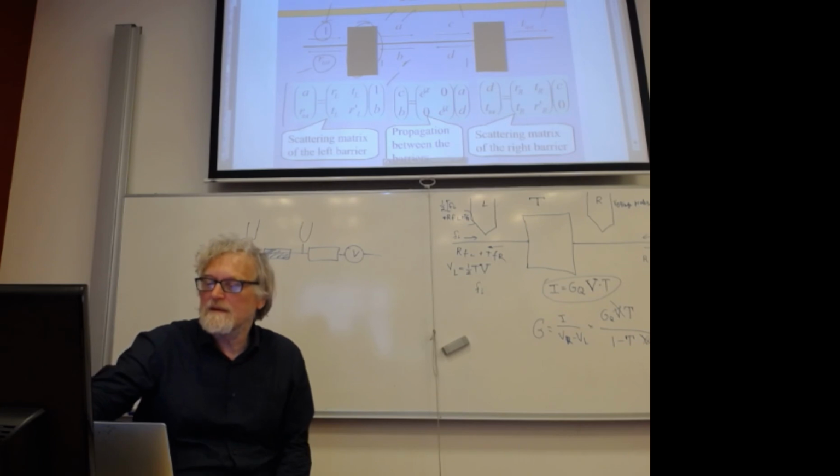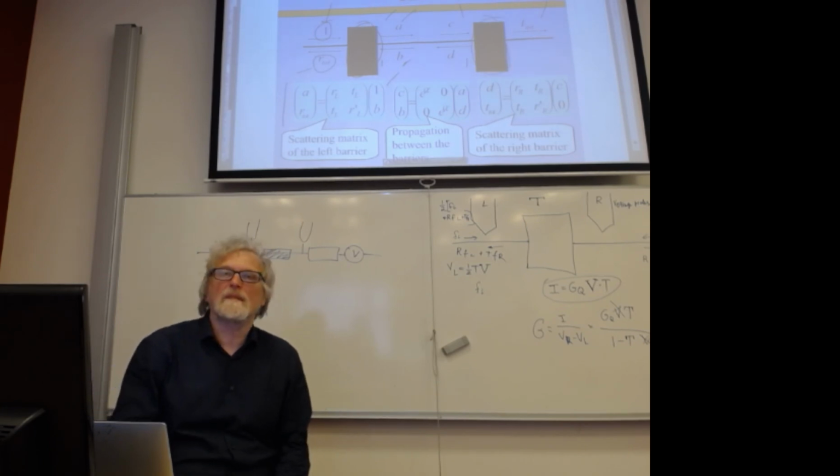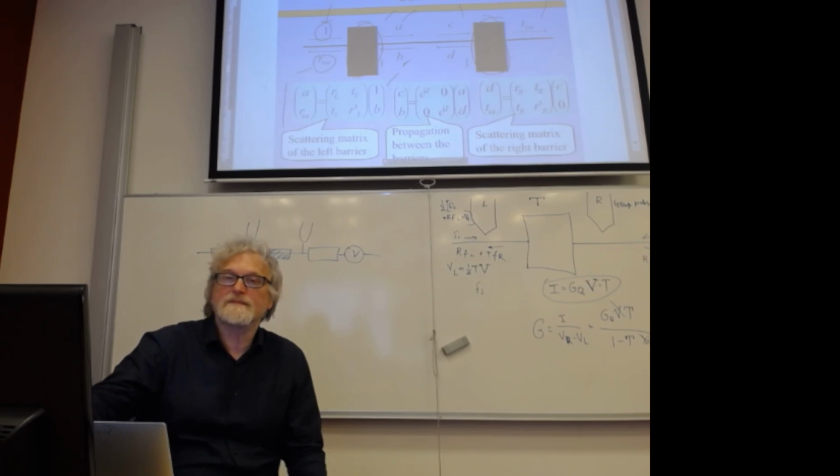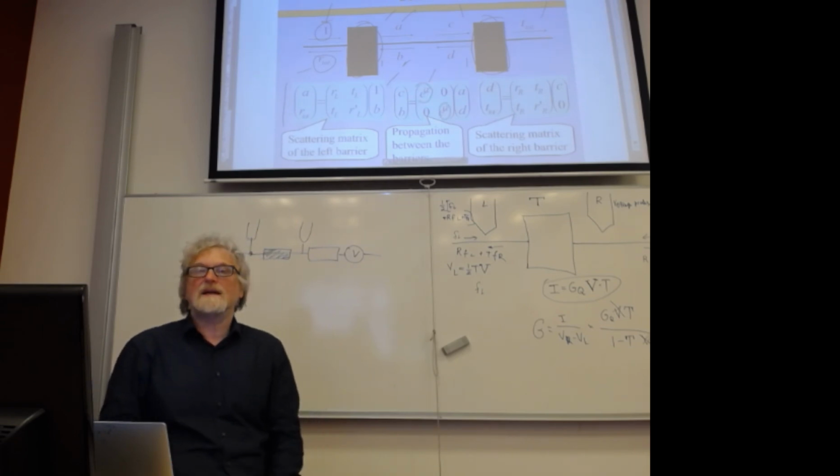The same for the right matrix. And for the spacer, the relations are very simple, just a phase factor is applied here and here. That's how my students survive the exam. They make such equations and try to solve them.